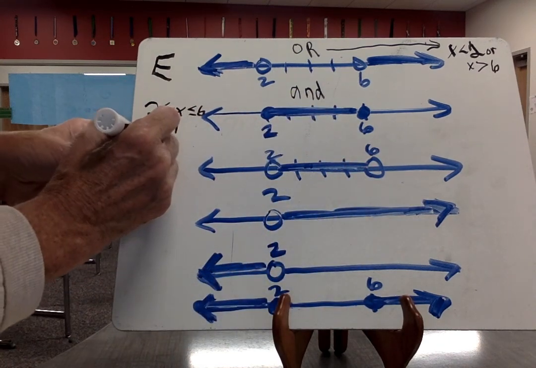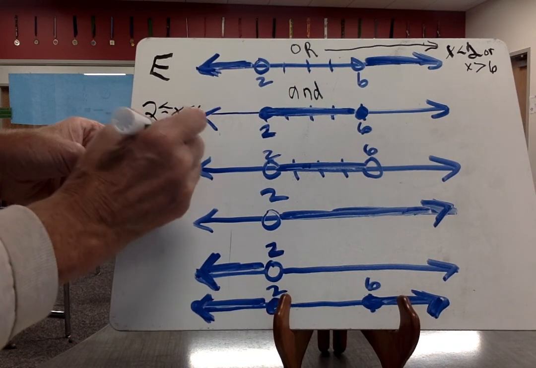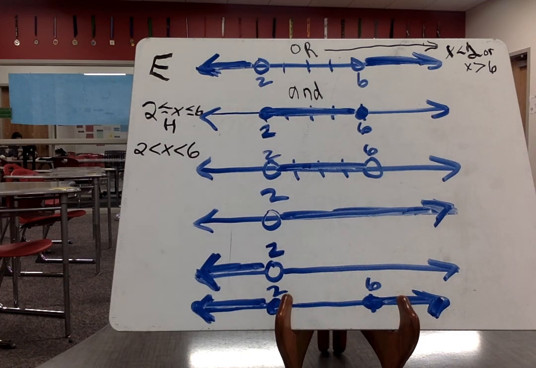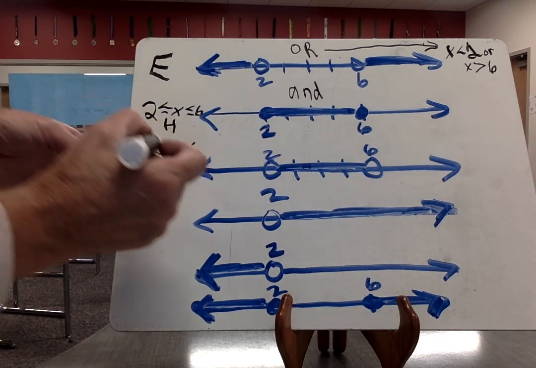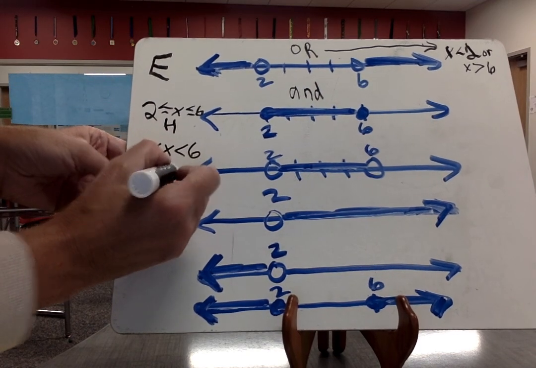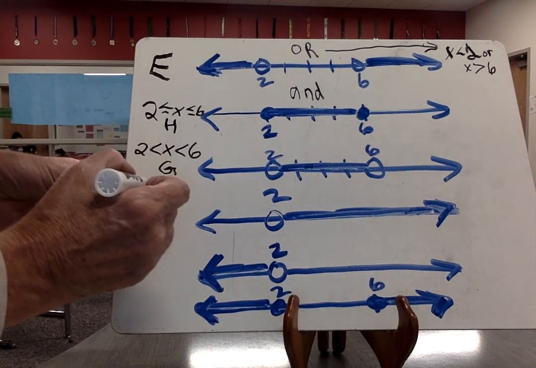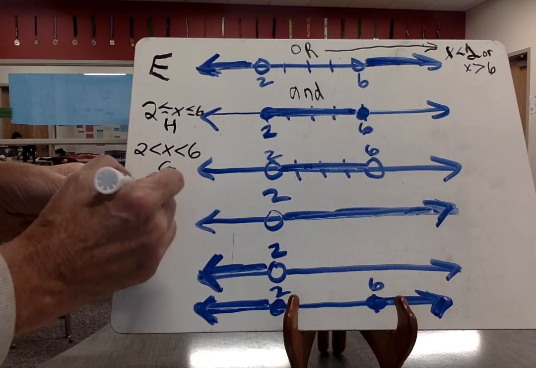So we can say 2 is less than x, which is less than 6. And when I look up, that matches G. The next one, we have an open circle at 2, and it goes on forever to the right. So that is going to be x is greater than 2.